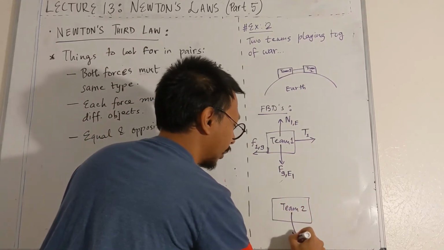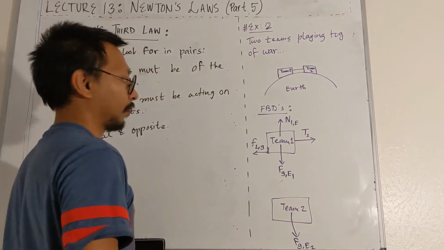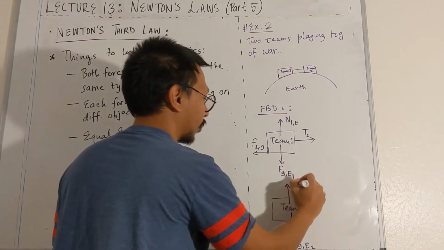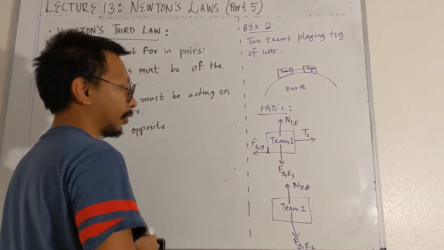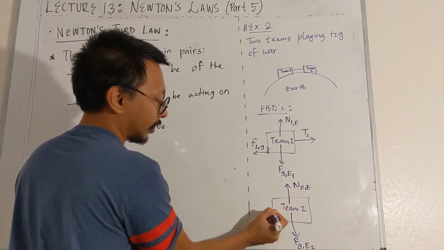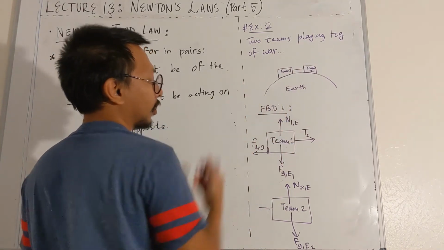Again, it will have a weight, F_G E2. It will also have a normal force from the Earth, so we call that N2 by Earth on team 2. Now the rope for team 2 is in this direction, and team 1 will try to pull it towards the left.